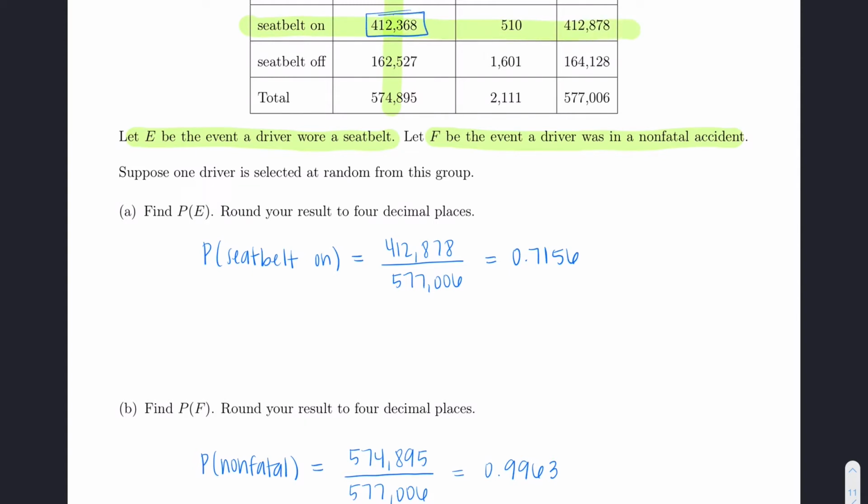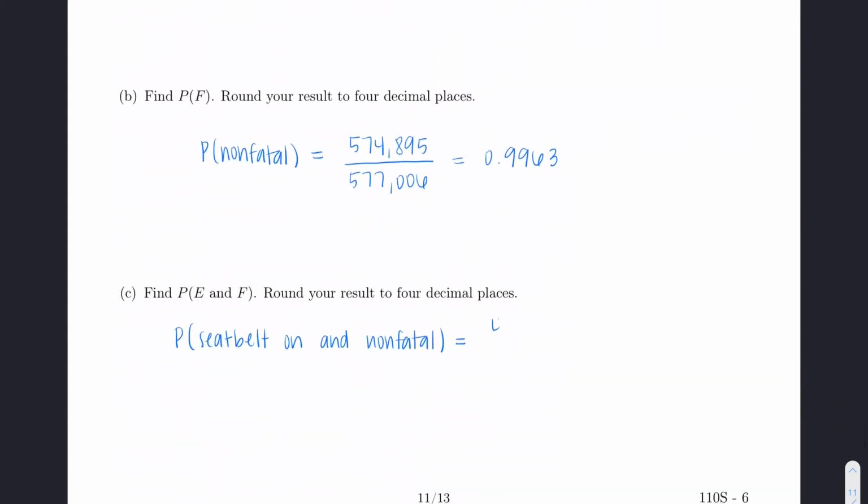So this is the number of people that were both wearing their seatbelt and were in a non-fatal accident. And so 412,368, and it's still out of the total number of people in the sample, so 577,006.